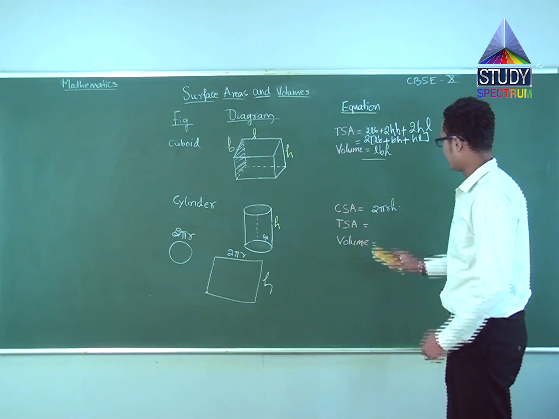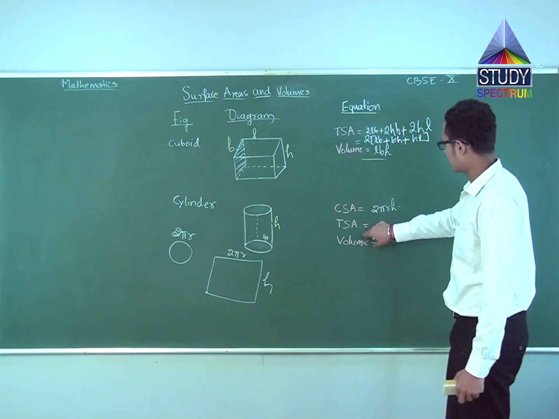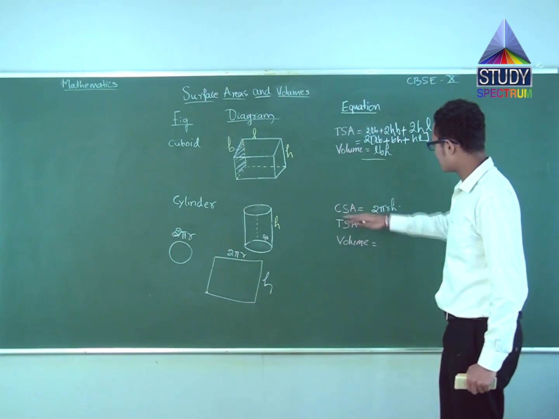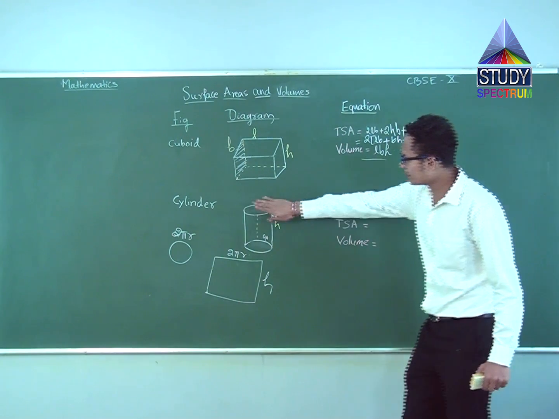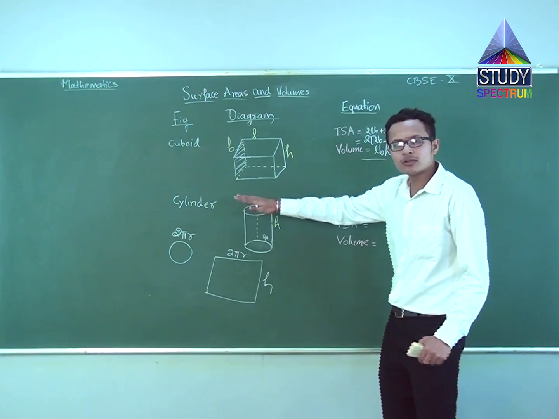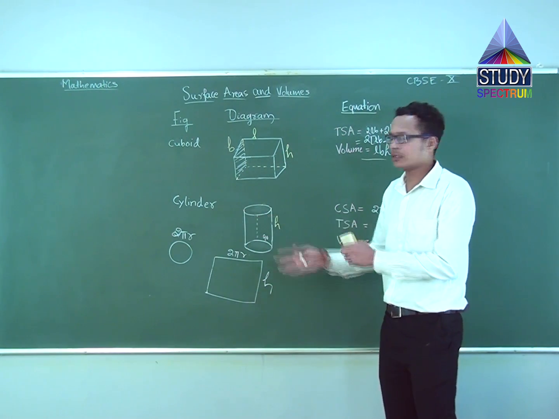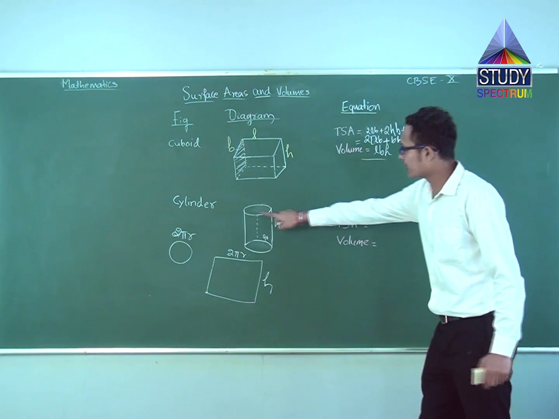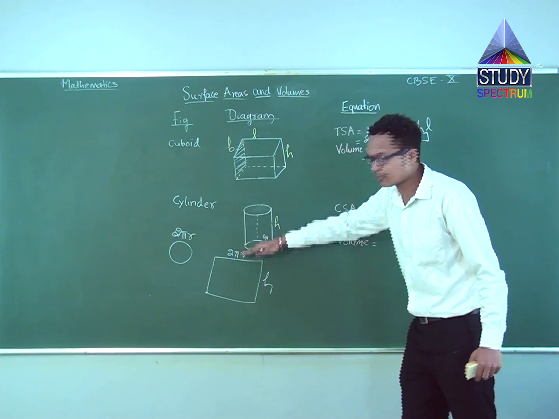Now total surface area, this is pretty simple. This comes from this formula. In the previous formula when we derived this, we left out this portion because we just assumed that there was no closing on the top and the bottom. They were open ends. But when we have a closed cylinder, you have to add the surface area of the top and the bottom.